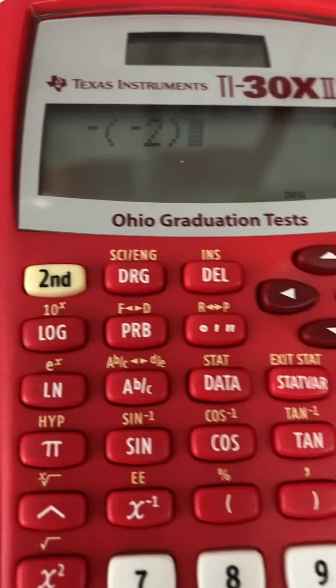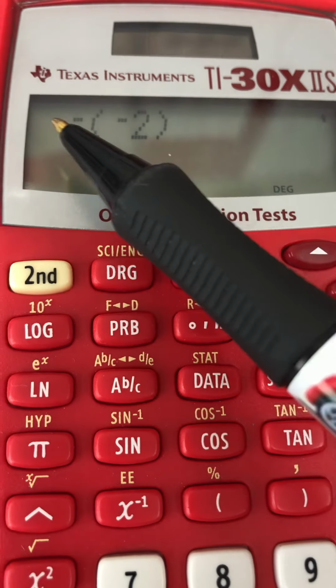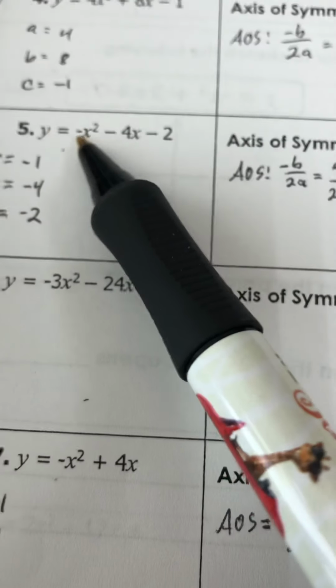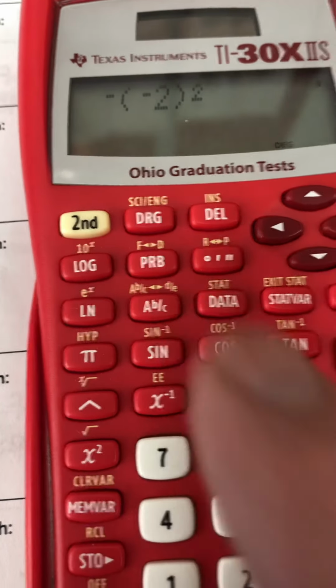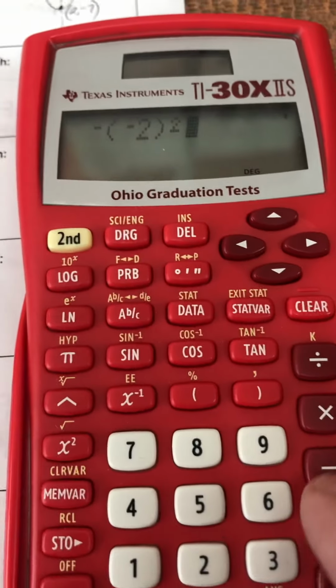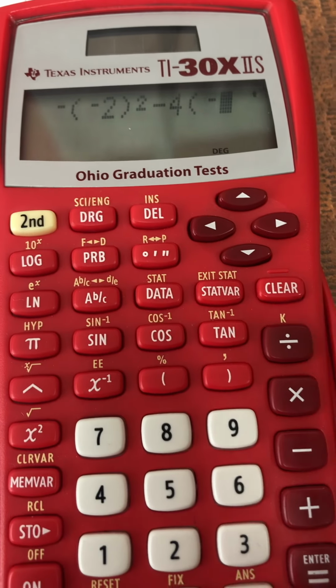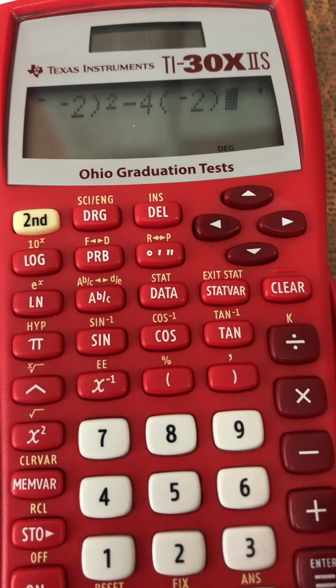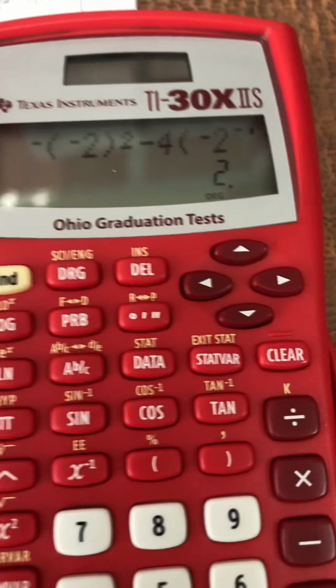Okay, because remember the x value is negative 2, but this equation has a negative x squared term. Then I hit the squared button, and I hit minus 4, and then in parentheses where the other x was, I put negative 2. Back parentheses, hit equals, and I get 2.